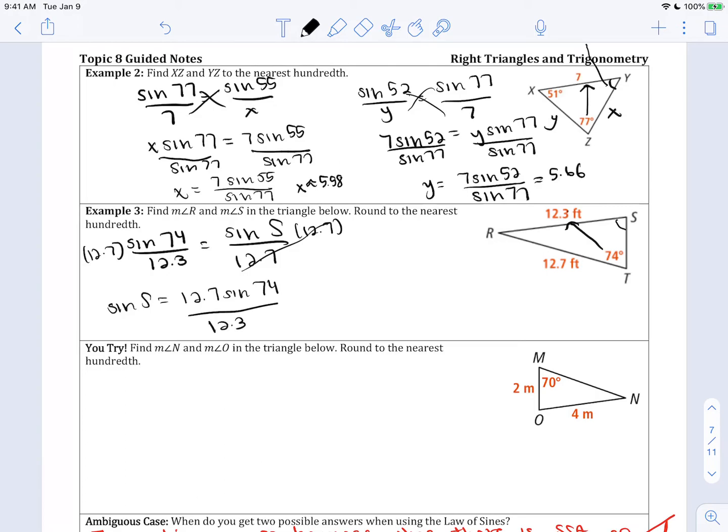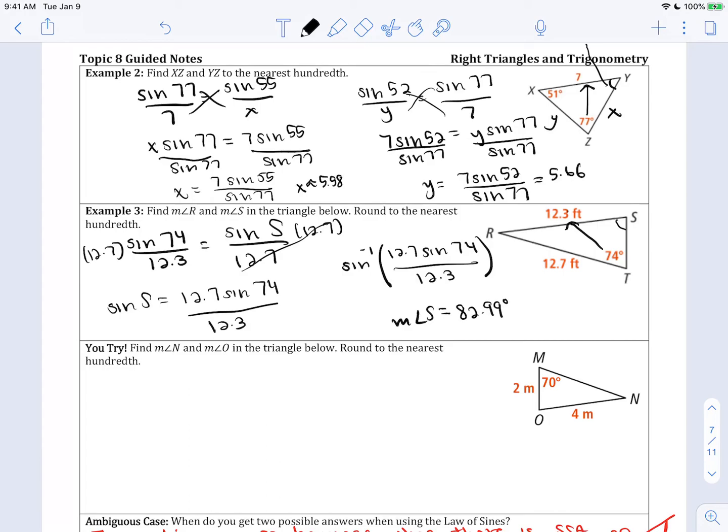Right? All right. Well, we know when we're solving for a missing angle, anytime you solve for a missing angle, you have to use the inverse sine. So I'm doing sine to the negative 1 power of 12.7 sine 74 over 12.3. Right? I'm going to plug all that in my calculator, and I get the measure of angle S is 82.99 degrees.